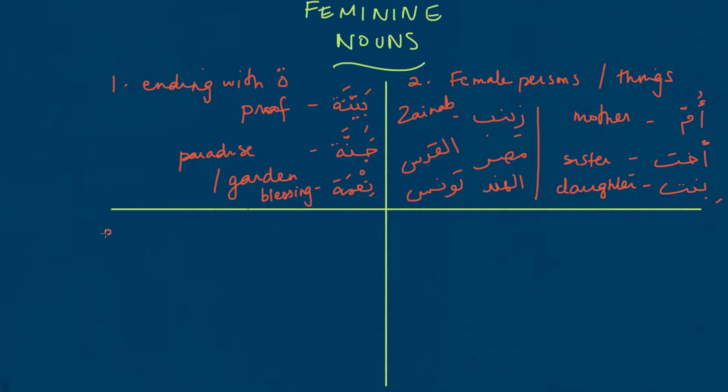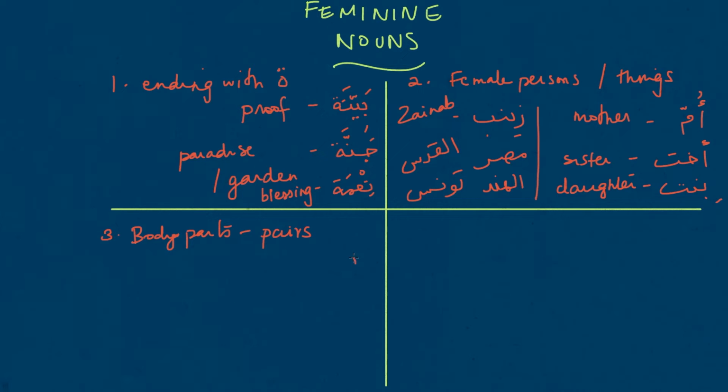Now the third category are body parts which come in pairs. So this does not apply to all body parts, but only body parts that come in pairs, such as hands, ears, eyes, feet, and so on. So these parts are considered as feminine.